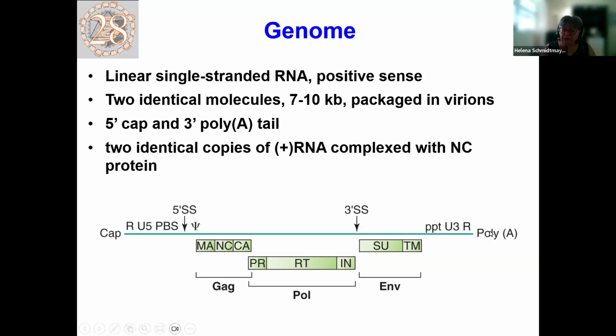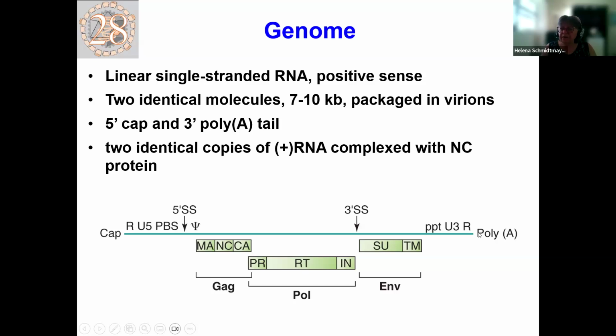If you look at the genome, on each 5 prime and 3 prime end they have these repeats, and on 5 prime there are unique sequences and unique sequences on 3 prime. The three major groups of genes are GAG, POL and ENV. However, before we go to their function, we also have to point out that they have a cap on 5 prime and a poly-A tail on 3 prime.